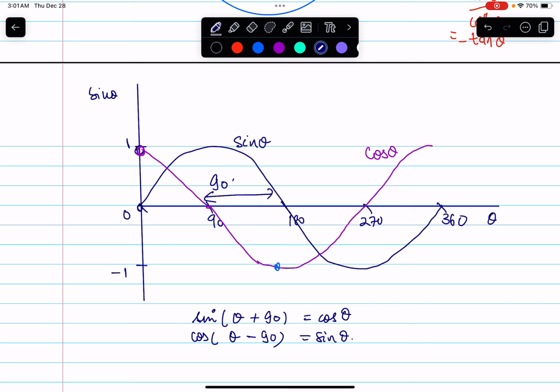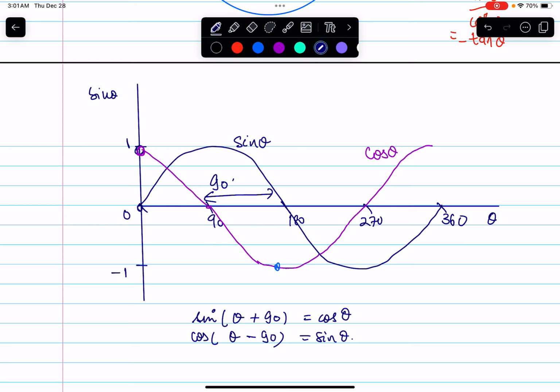I'll explain how we get to this. This is just the trig identity that we're going to apply over here: sine of 90 plus theta is cosine of theta.